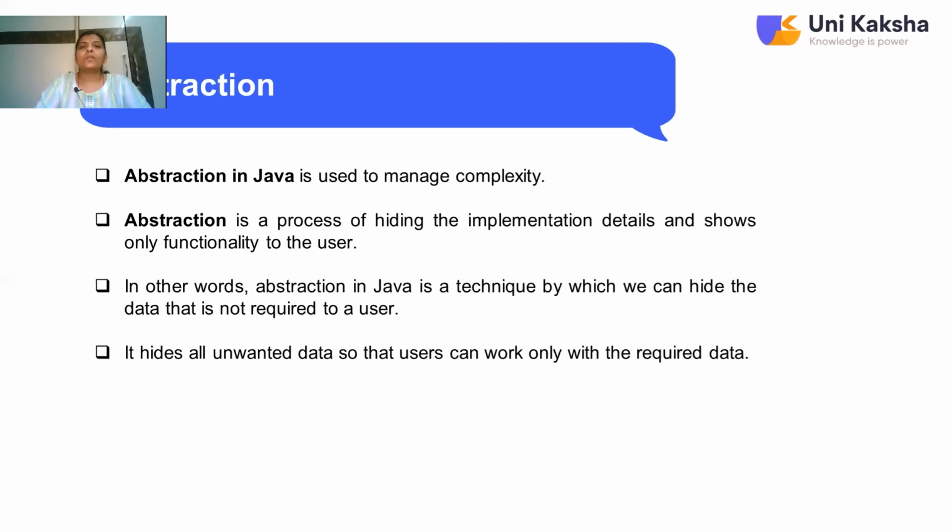In other words, abstraction is a technique used in Java by which you can hide the data which is not required by the user. It hides the unwanted data and gives only the required data to the users. How it can be achieved, we will see later.